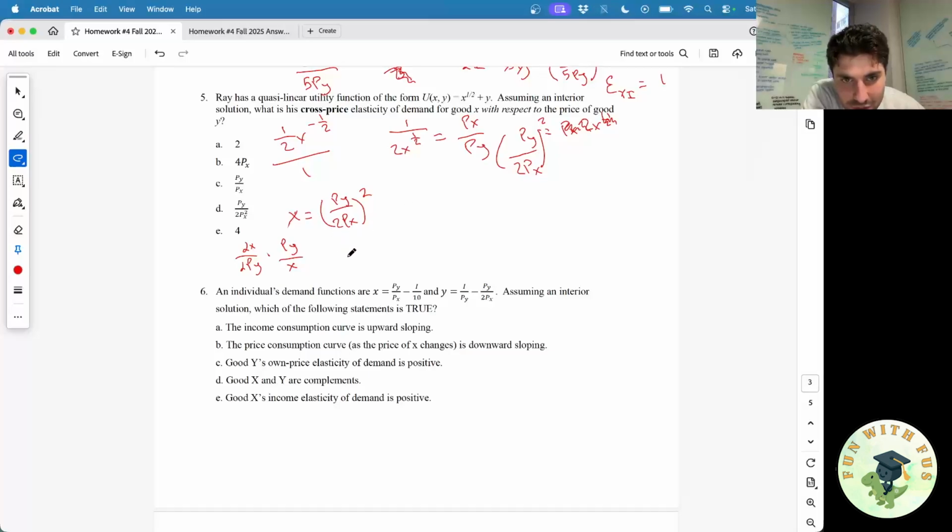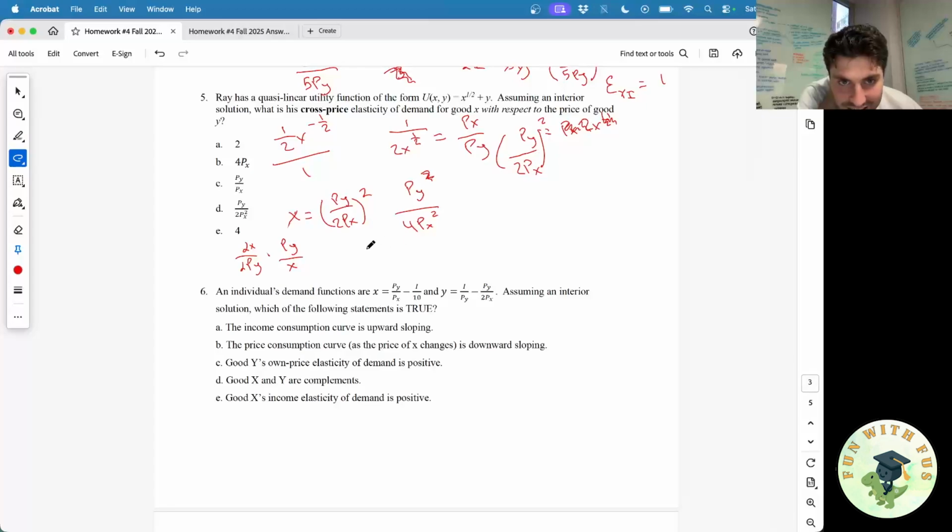So the dpy, I think how I would maybe write this is py squared over 4px squared. And sorry, that 2 looks a little terrible. Oh well, hopefully that looks like a 2. Remember that 2 squared in the denominator would become 4. You got to apply the 2 to everything.